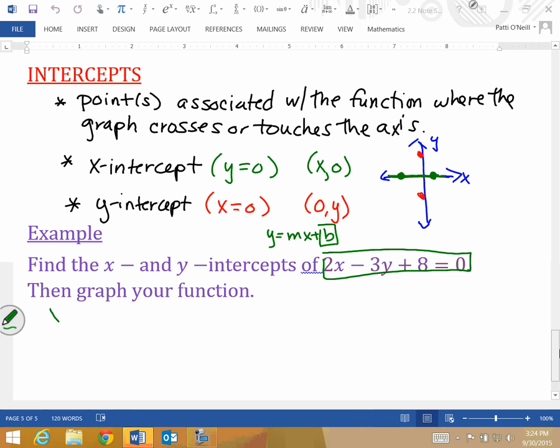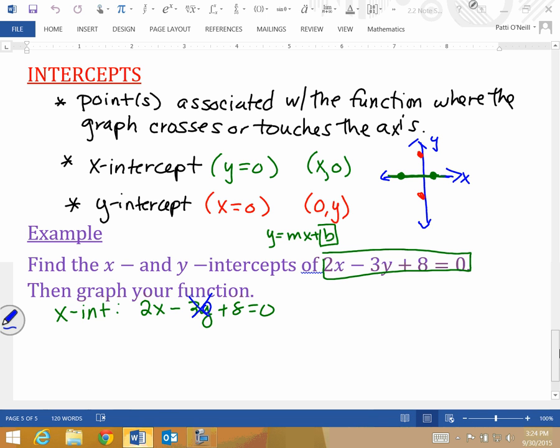So my x-intercept, or intercepts, we'll find out how many we have, if it's even possible to have more than one x-intercept, is when y equals 0. So I'm going to take my function 2x minus 3y plus 8 equals 0. And if I put 0 in for y here, this entire term goes away.